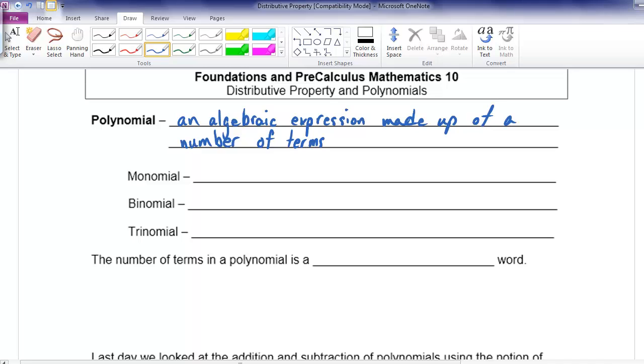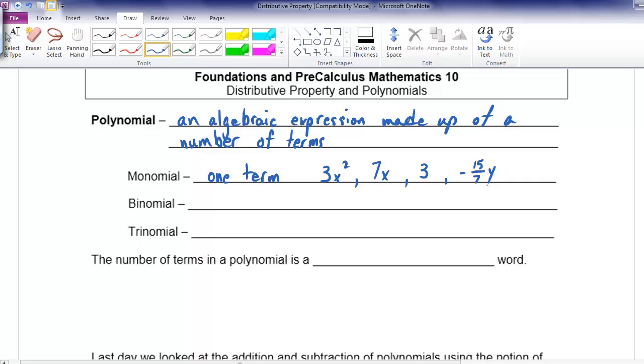A monomial is an algebraic expression with one term. Some examples of monomials are 3x squared, 7x, 3, negative 15 over 7y, and things like that. So there's only one piece.